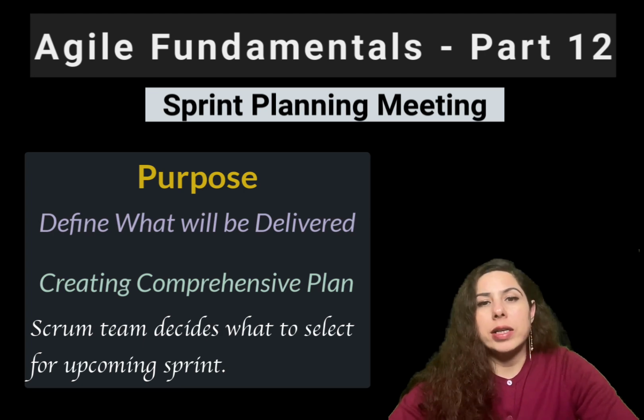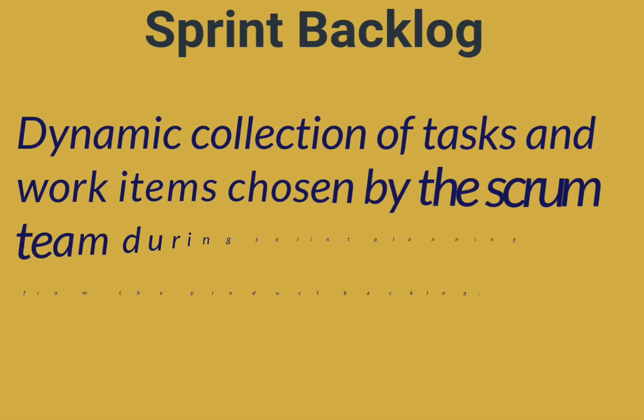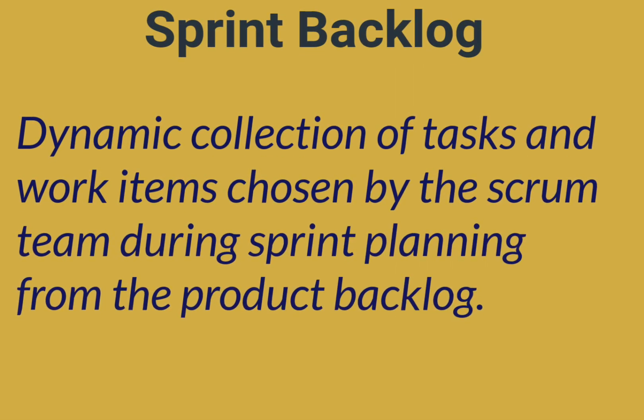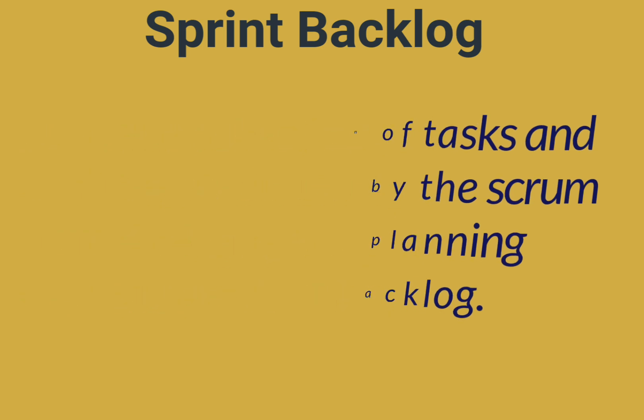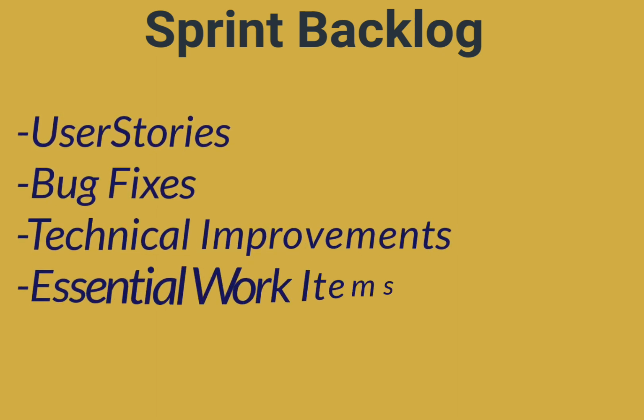Well, let's clarify it. Sprint backlog is a dynamic collection of tasks and work items chosen by the Scrum team during the sprint planning, directly from the product backlog. It is a subset of the product backlog outlining the team's commitment for the upcoming sprint. The sprint backlog can consist of different items like user stories, bug fixes, technical tasks, or any other essential work item that is required for the product to be delivered.